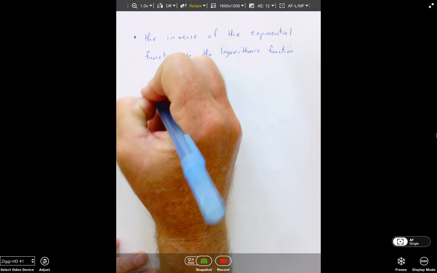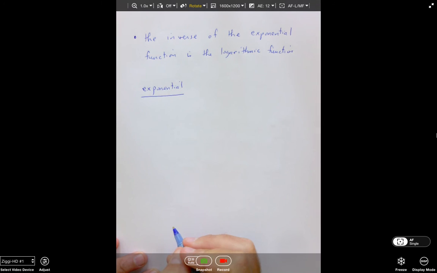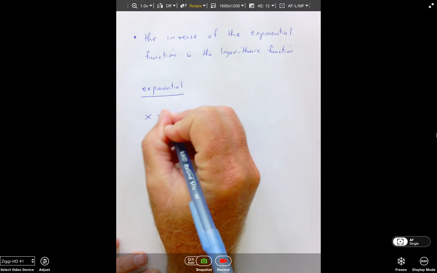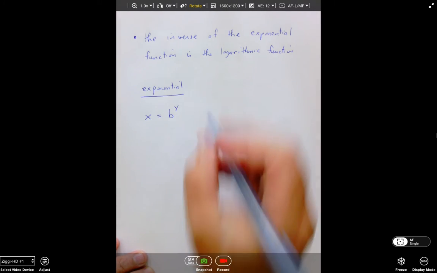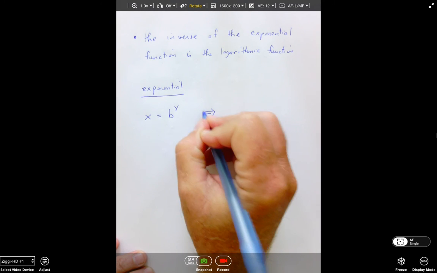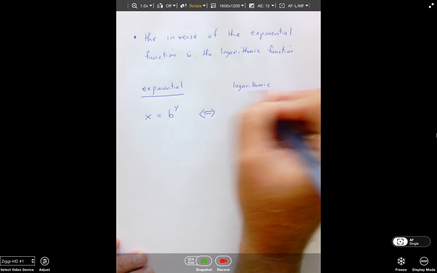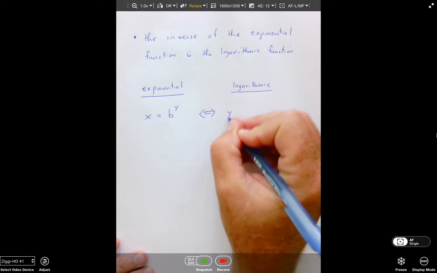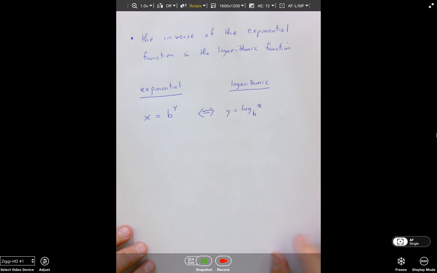So in an exponential function, the form x equal b raised to the y power is the same thing as, or equivalent to, in logarithmic, y equal log base b of x.